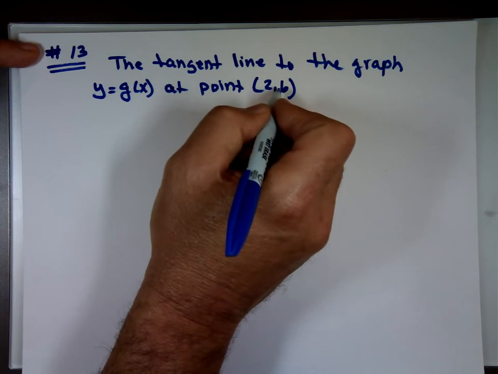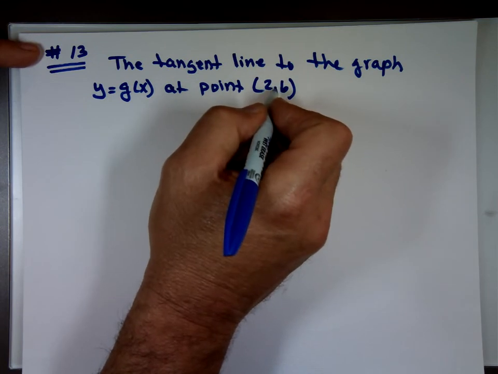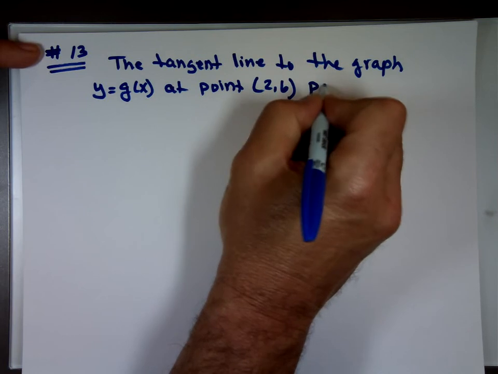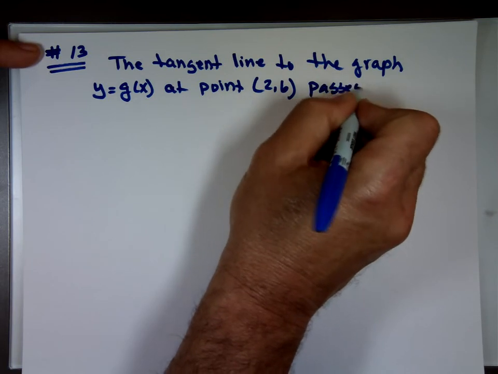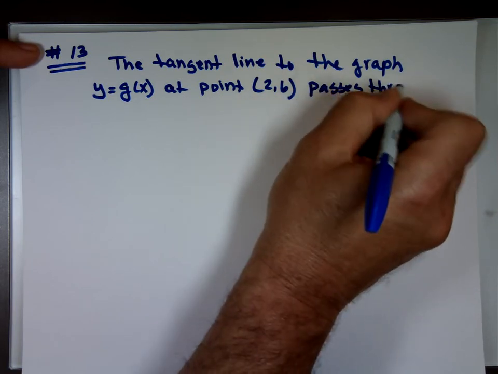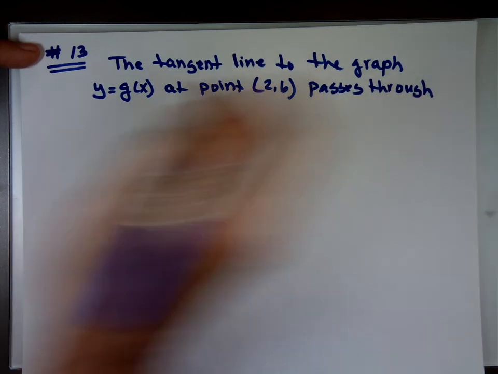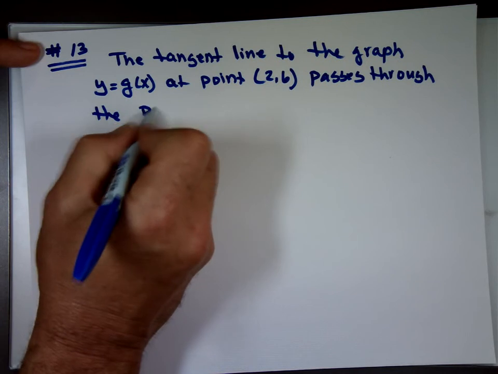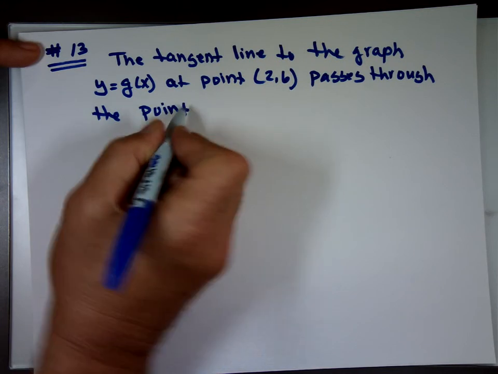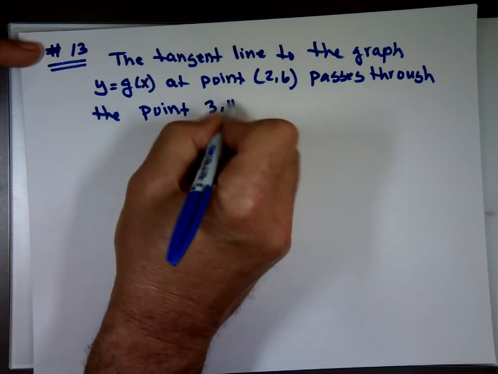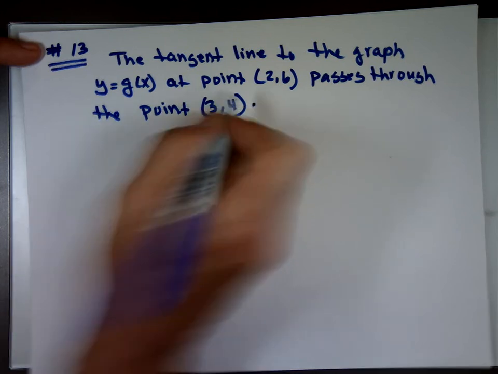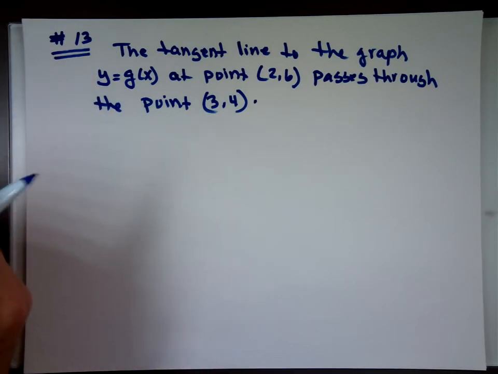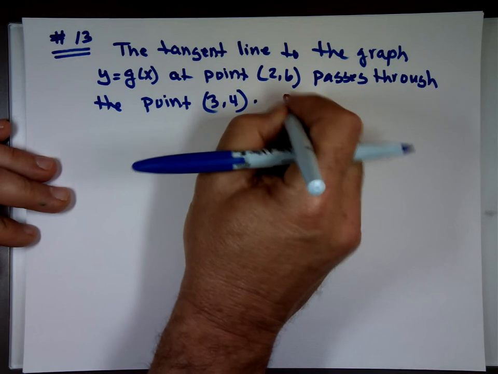Passes through the point 3 comma 4. That's what the problem is. I'll come back and try to graph it and see what we're talking about. The problem, what is f? G, not f. I'm sorry, we're using g here.